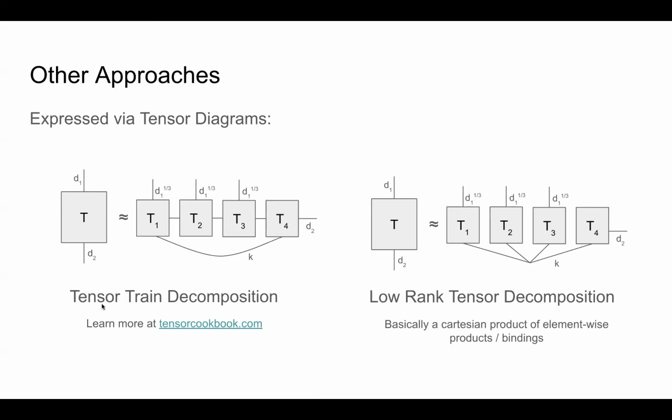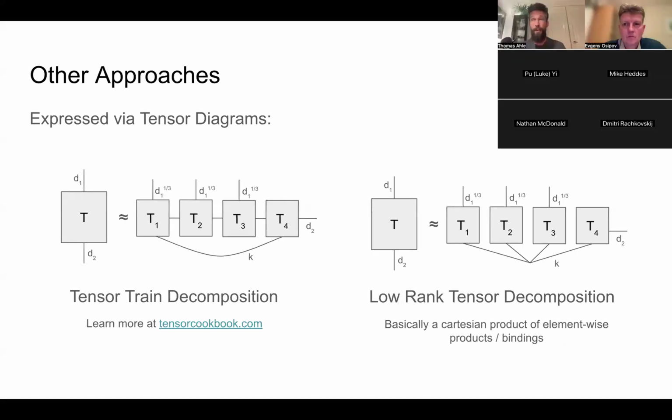One is called tensor train decomposition, because you can see the structure there on the right, where you use these order 3 tensors and string them together. Another option is a low rank tensor decomposition, and both of these are very related to tensor sketches.